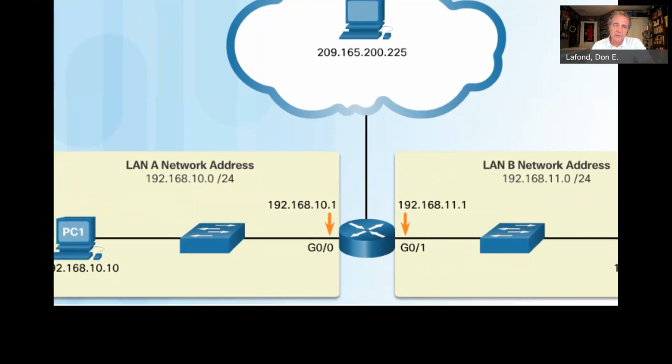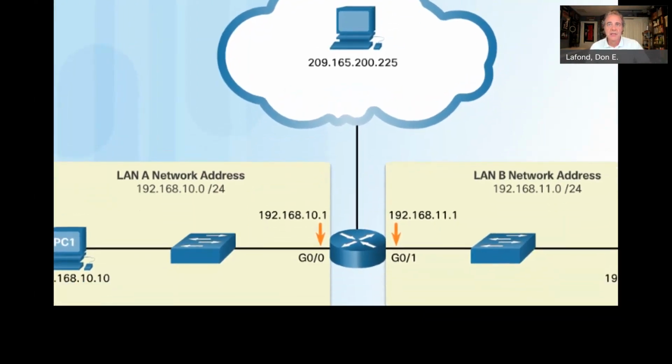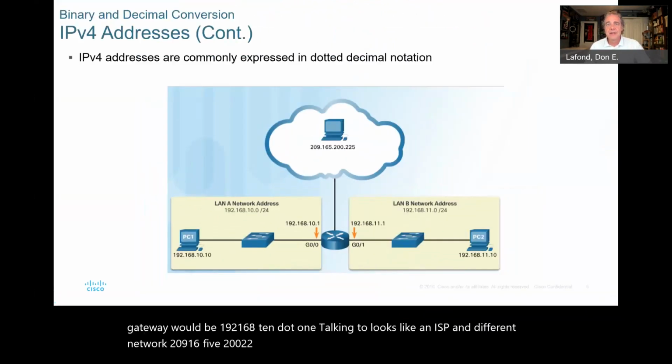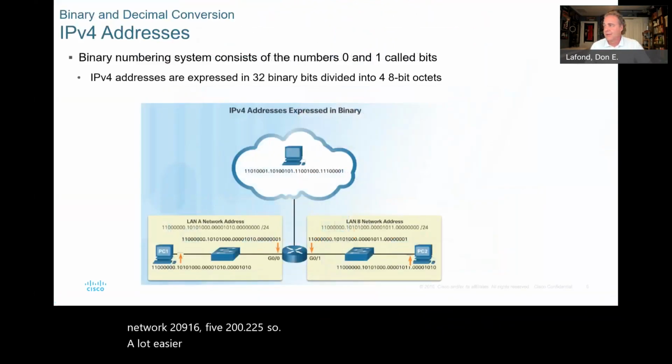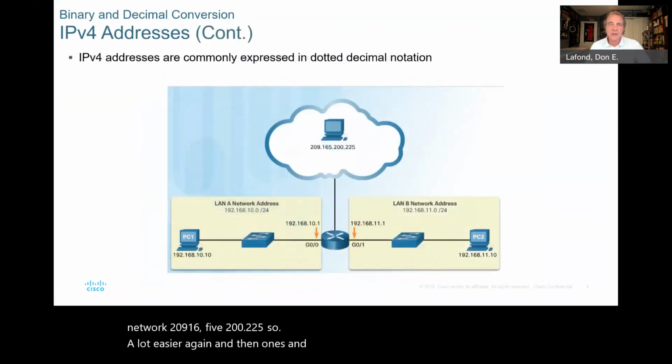The network address is 192.168.10.0, and the gateway would be 192.168.10.1. Talking to what looks like an ISP on a different network, 209.165.200.225. So a lot easier again than ones and zeros. That's why we use dotted decimal.